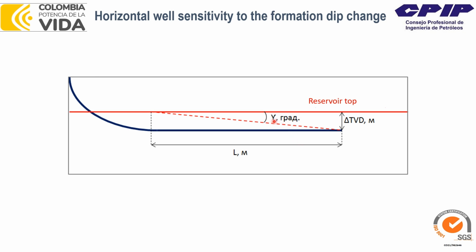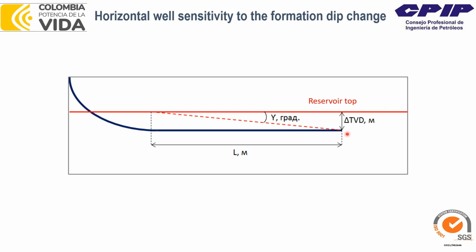Y is the angle in degrees by which the formation can potentially change, so how many degrees it's possible that the formation will change during the drilling. And delta TVD is the difference in the true vertical depth which we will have at the end of this angle change. This parameter we will call the horizontal well sensitivity to the formation depth. So just this delta TVD is our parameter called sensitivity.